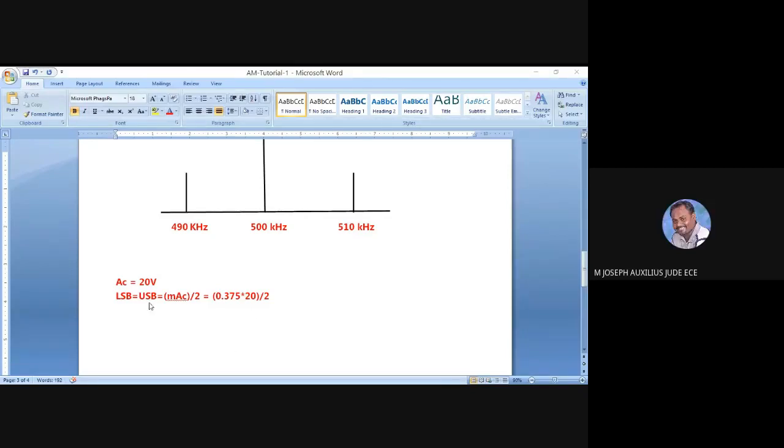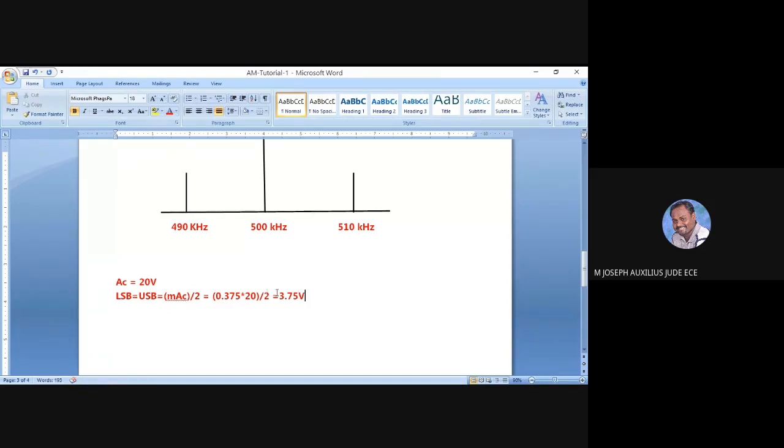So what will be the answer? Here LSB and USB. 0.375 into 20. 3.75. Okay, right. So the value is 3.75. What is its unit? 3.75 volt.